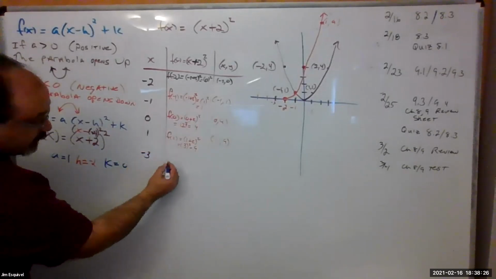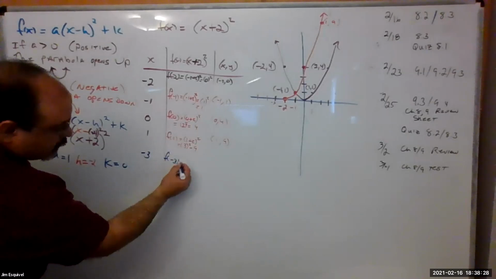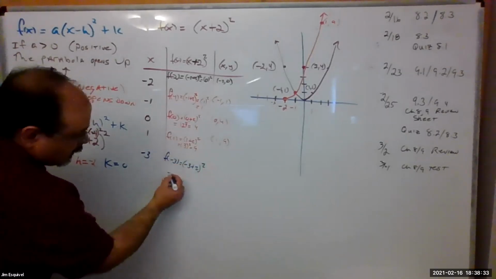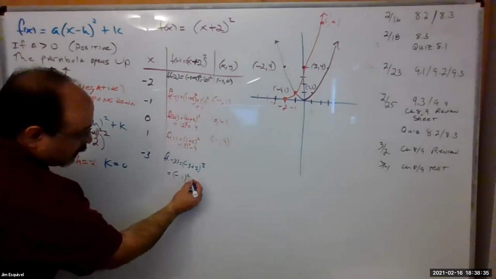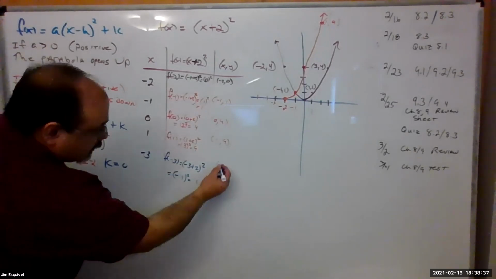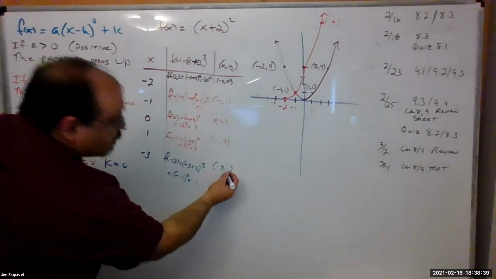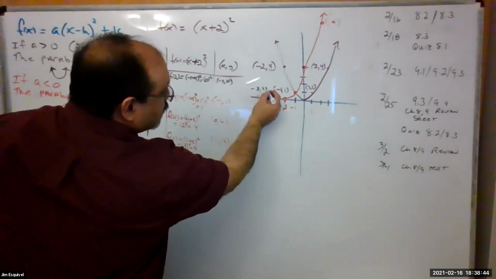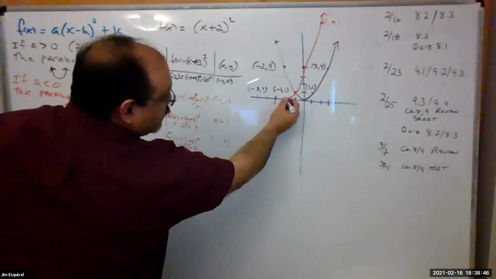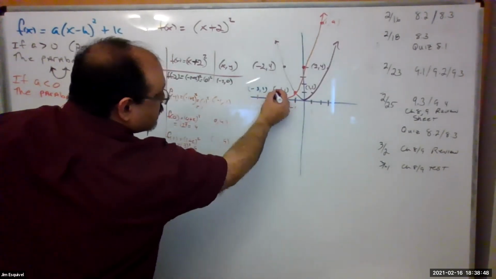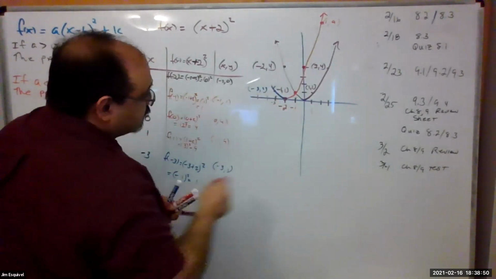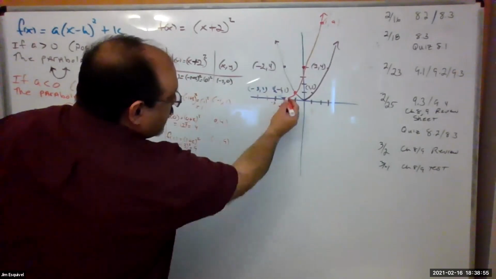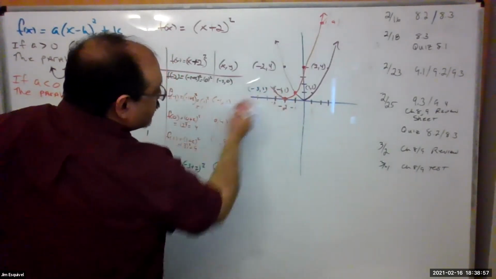So look what happens with negative 3. That's negative 3 plus 2 squared, which is negative 1 squared, and that's positive 1. So negative 3 gives me a point over here. Now we're going this way.